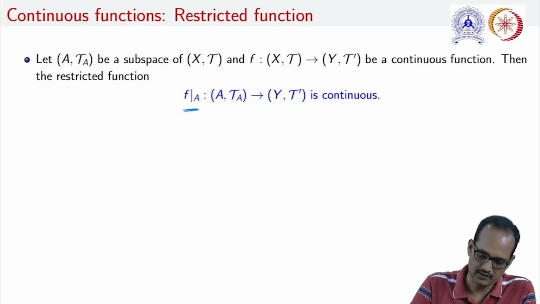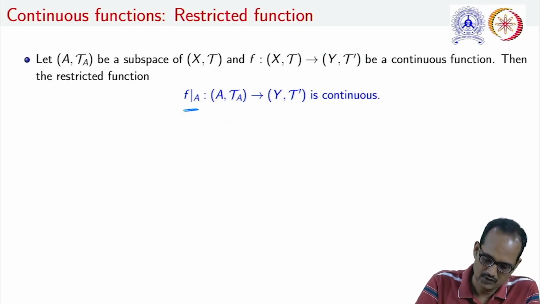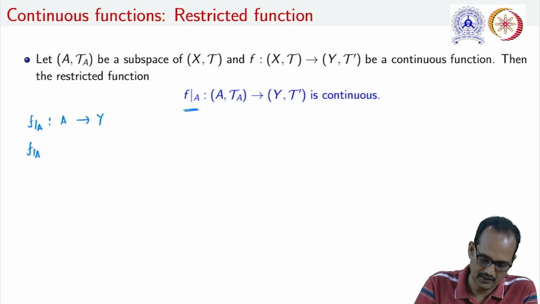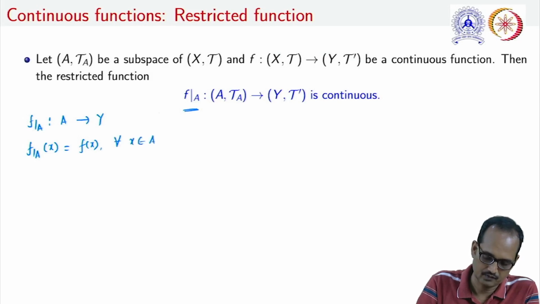Note that this function is defined as f over A from A to Y, such that the restricted function over A at x is equal to f of x for all x belongs to A.